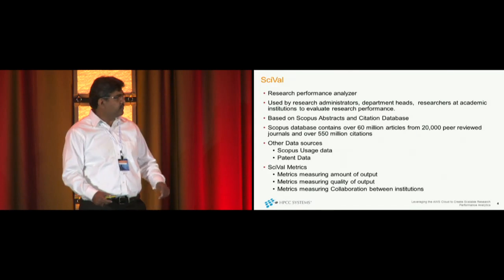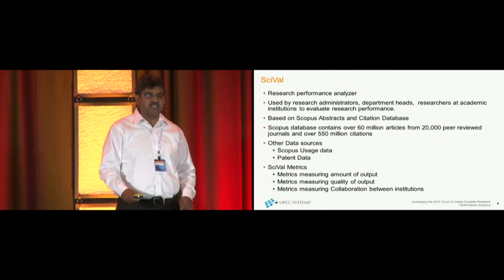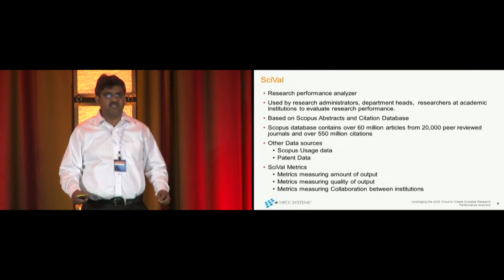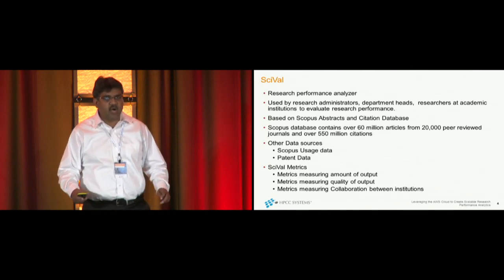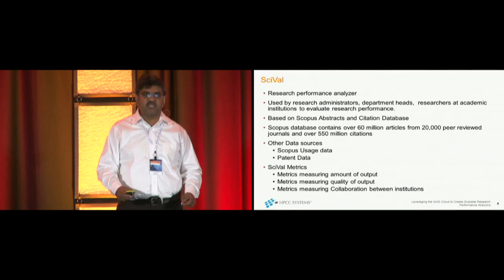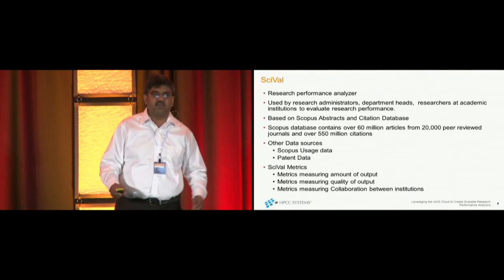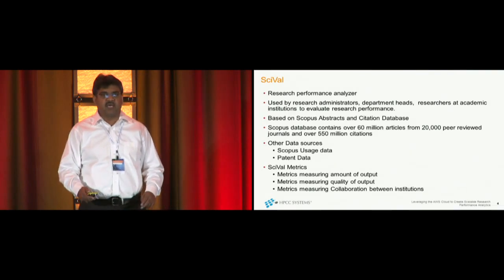We also use patent data from LexisNexis as well. Using all these data sources, we generate many metrics, metrics to measure amount of output, metrics to measure quality of output, and also metrics to measure the extent of collaboration between institutions and countries as well.